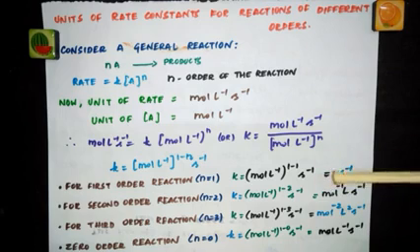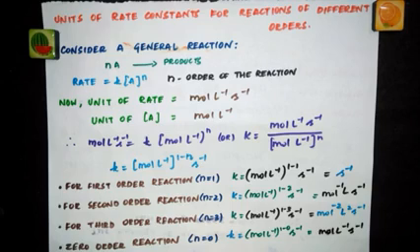So if the rate constant unit is just second inverse, then what reaction is that? First order reaction. Sometimes in the question they'll give you the unit of the rate constant, or they'll give you the value of the rate constant with the unit, and they will ask you what is the order of the reaction. So just look at the unit given for K, which is rate constant, and then you can decide on the order of the reaction.